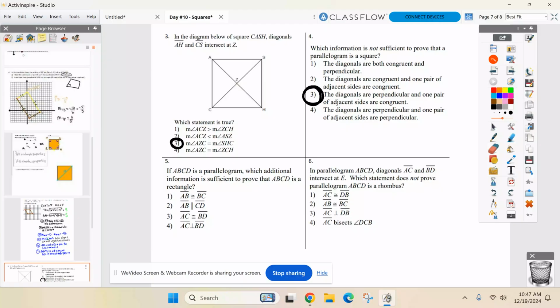Make it into a rectangle now. No, I thought that was a. No. B, number 3.